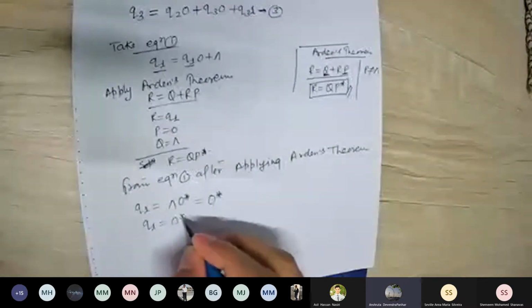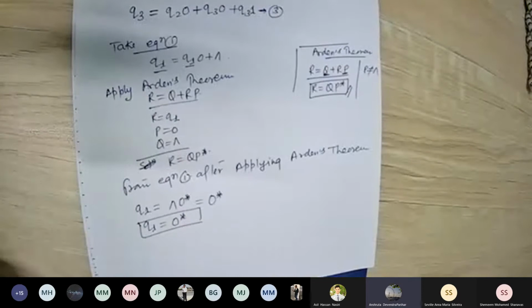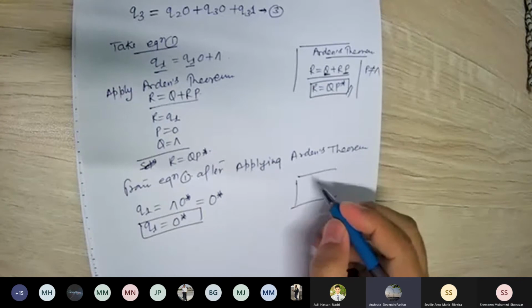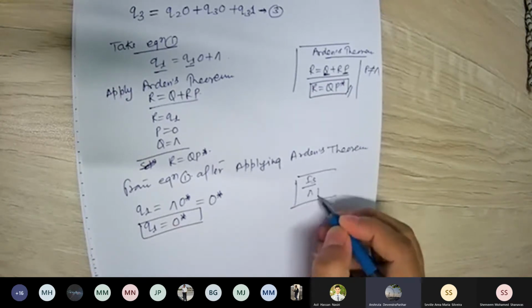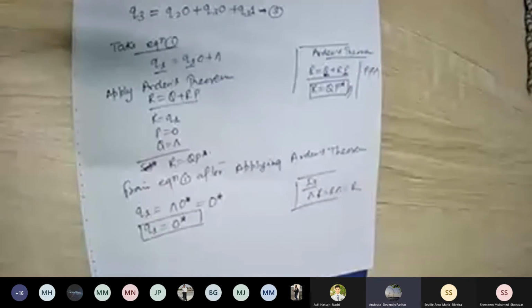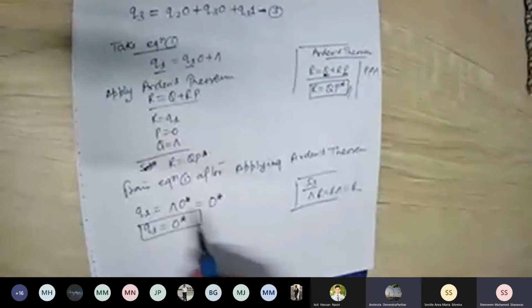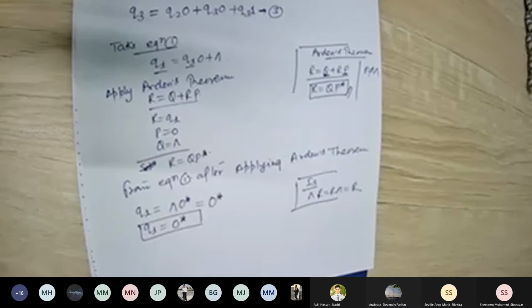So Q1 equal to 0 star you got. You must have done this identity. That was identity 3: null R equal to R null equal to R. If you check your notes, yes, sir. That's why null 0 star equals 0 star. Okay.